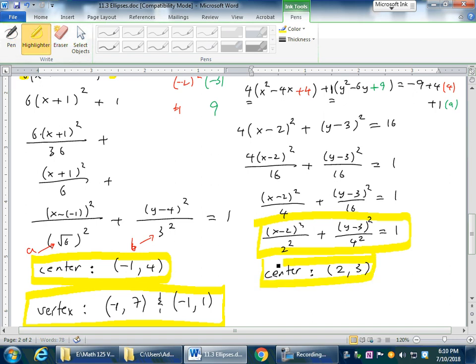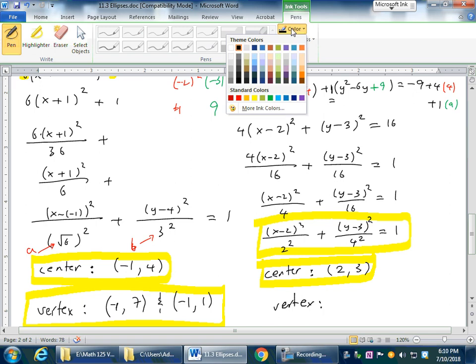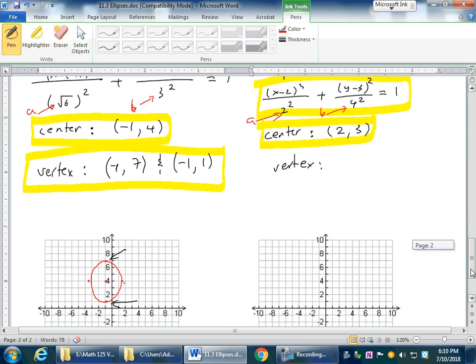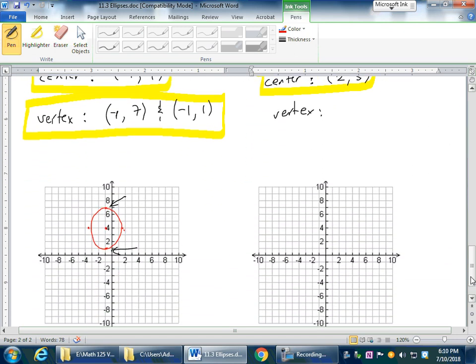The vertex, as usual, we're going to graph it first and then talk about the vertex from the graph. That's much easier for us. And don't forget your a and b. So this is your a and this is your b. So let's graph this. My center is (2, 3), which is right here.